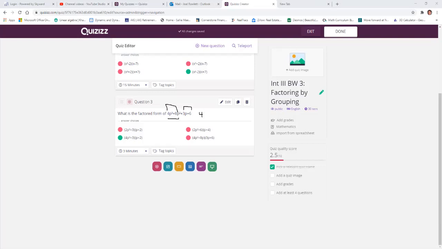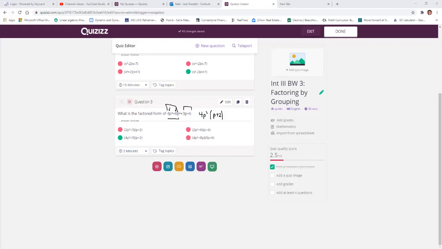Let's try this again. And let's see, if I take out a 4p squared, I think that's going to leave me a p plus 2. So let's check that. 4p squared times p gives me 4p cubed, that's good. And then 4p squared times 2 gives me 8p squared. So I did that correctly.